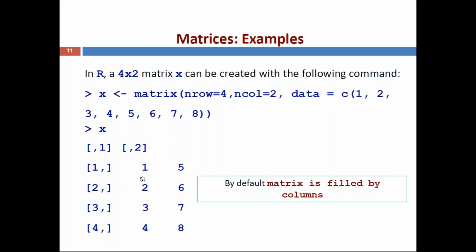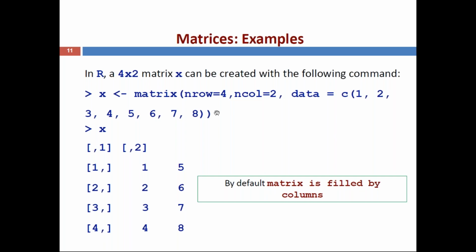So the first column fills the first 4 elements under 4 rows. Now you can see 1, 2, 3, 4, up to 4 rows, the first 4 elements in column 1. Then the second column, the remaining 4 elements with 4 rows: 5, 6, 7, 8. So this is the matrix with the dimension 4 rows and 2 columns. It is filled column wise. By default, the matrix is filled by columns.